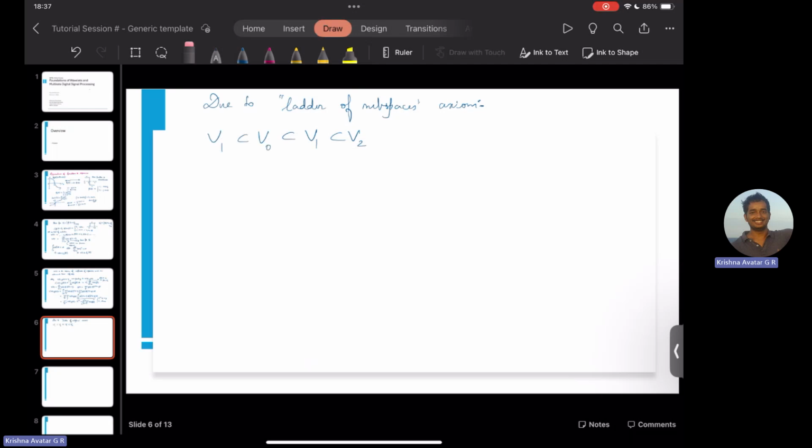There is also some subset of V minus 1, likewise.